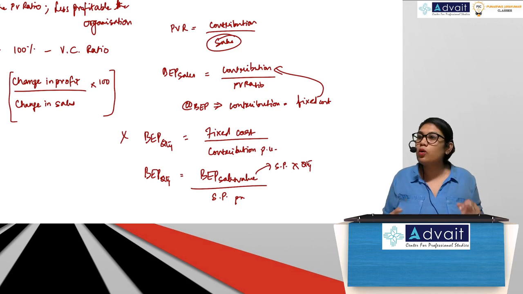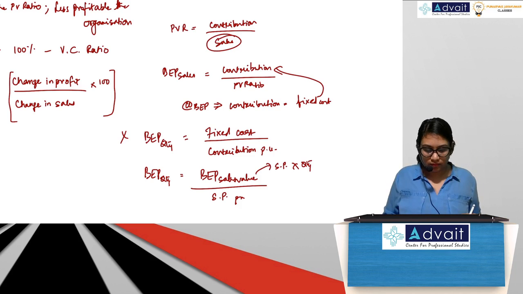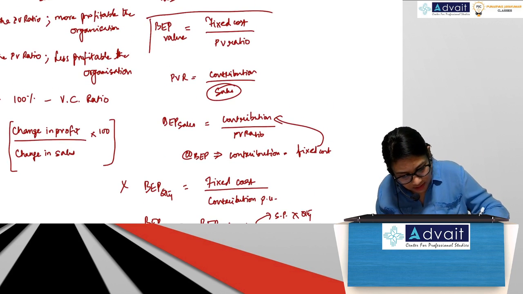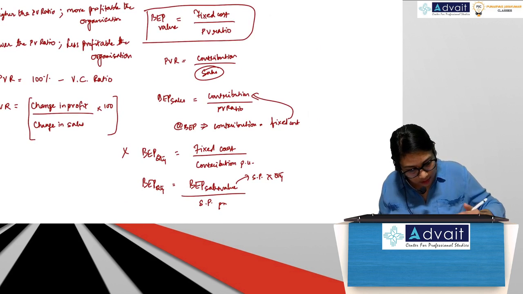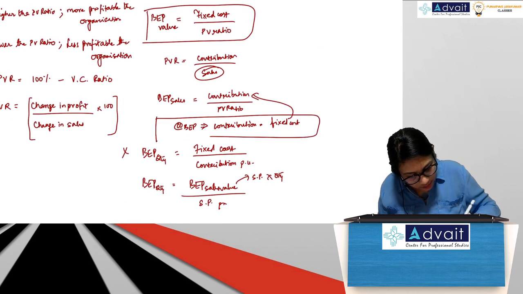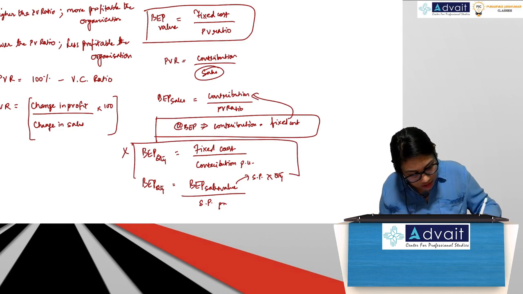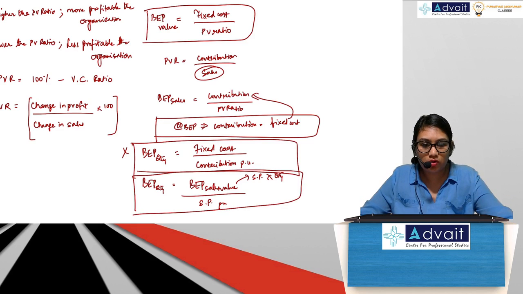So that is BEP quantity, because I'm taking BEP sales value. Guys, okay? So the first formula was this, and this was how we arrived at it. This is important: at BEP, fixed cost is equal to contribution. The second formula was this, and the third formula was this. Make a note.